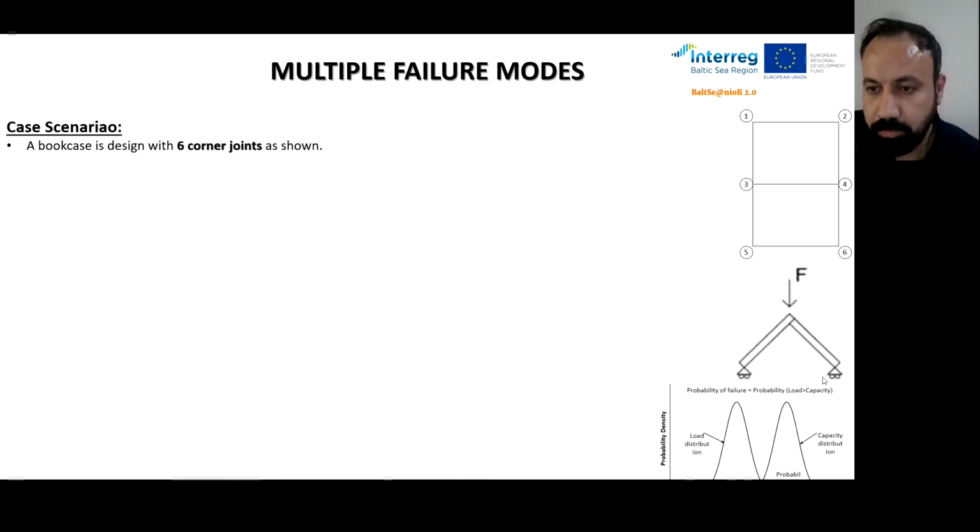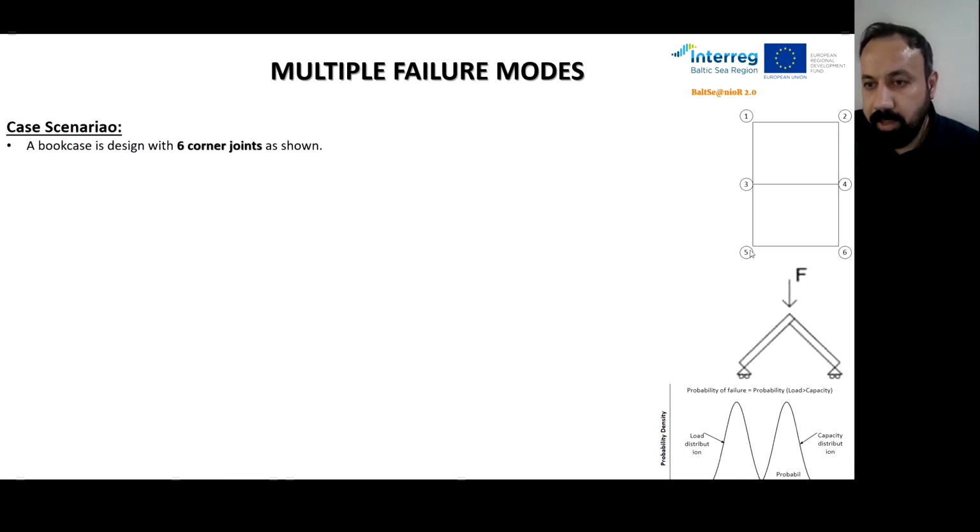So in the second one, I just get every L-shaped corner and make a static loading test. And in here, I will distribute data from my L-shaped corner test in the capacity distribution.